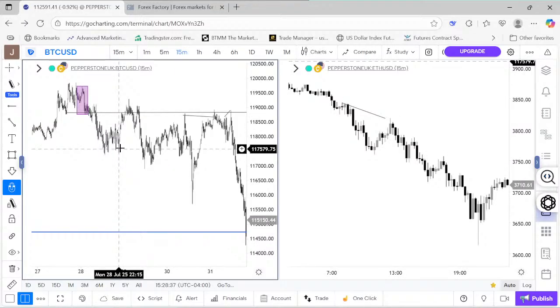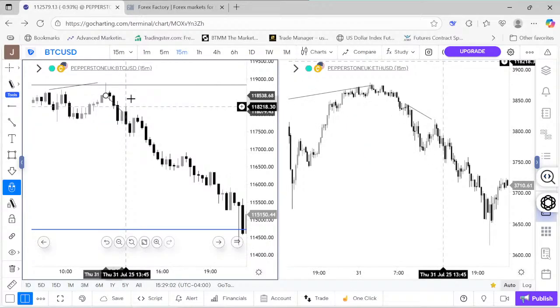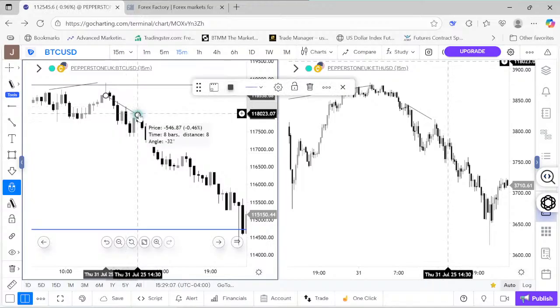This was, I think, Thursday. So we had that again, price traded as here. It failed to do so on Ethereum, and the change in state would have taken place right there. Right, so that's our signal.